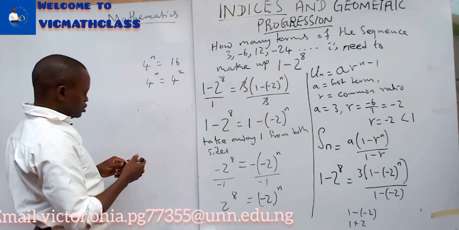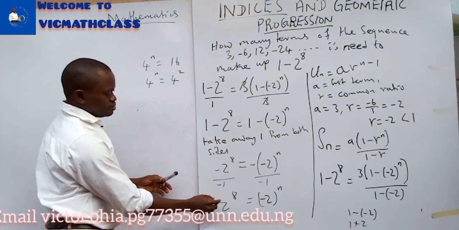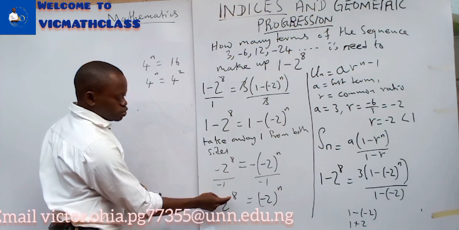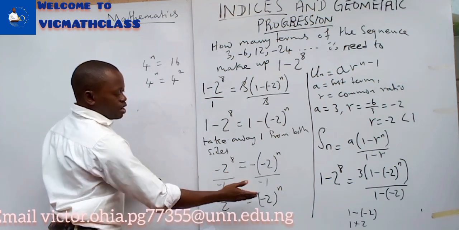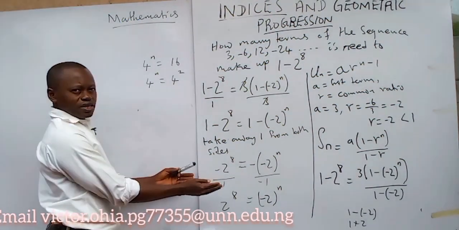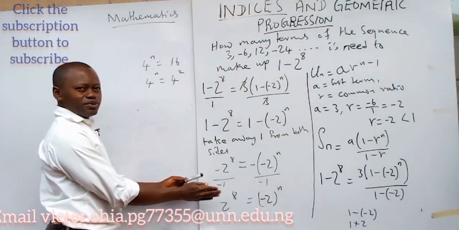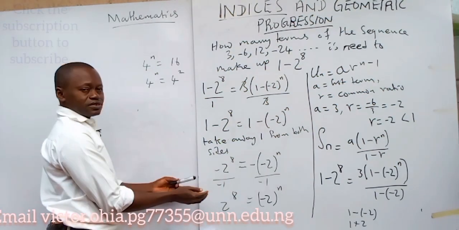That's how indices comes in. So if you have a problem like this and you have 2 raised to power 8 equals minus 2 raised to power n, how can you apply this knowledge and make a logical conclusion out of this?